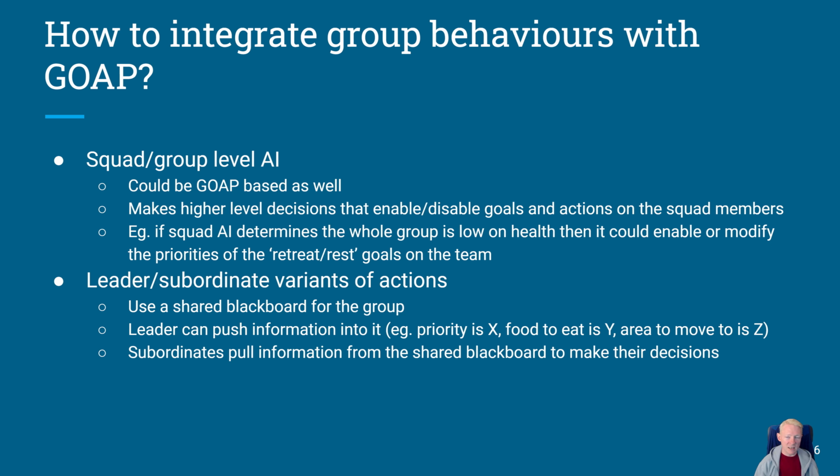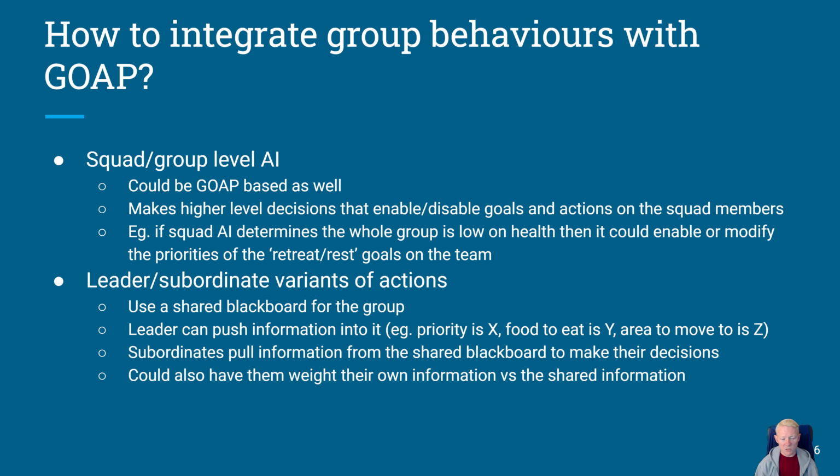But what that means is if something happens to the leader, you could have another AI take over, or you could have it that, well, now the squad is leaderless, and you see the disruption in how effectively they operate and communicate. When they've got that shared versus local information, you could have them do some prioritizing between that. That means you could start to get a little bit more of a personality from the members of the squad.